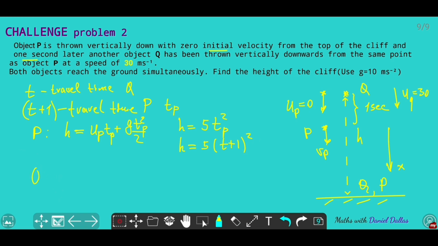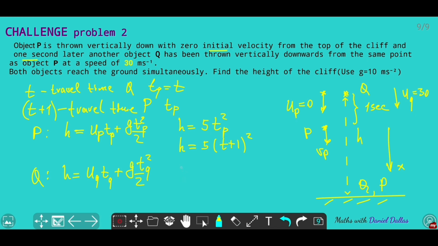What about object Q? The travel time is just t, so that's why we're going to use the straight formula with initial parameter 30. So we will write this. If you like, you can put indices which denote travel time for Q, but travel time for Q is actually t.